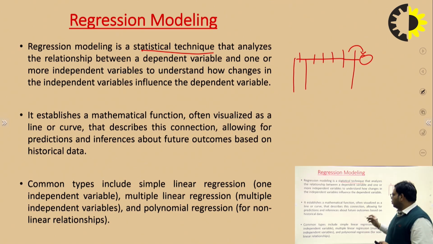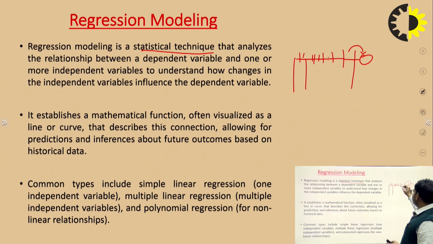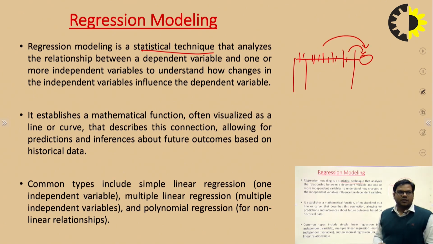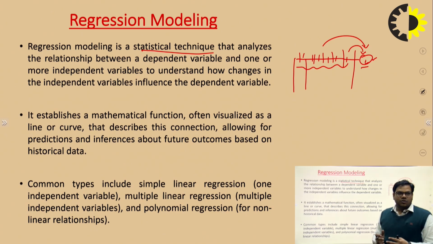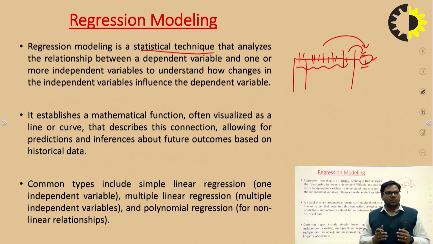So there could be a single factor or multiple factors which are resulting in an outcome factor. To identify how this is dependent on these independent variables, the relationship can be plotted, analyzed, or figured out using regression modeling.